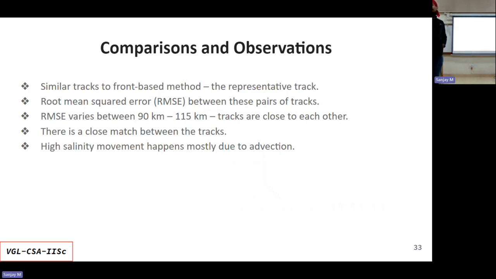So a 1 degree difference between two tracks, averaged over the whole track, is not a very large difference. This shows a strong correlation between the study done using advection and the studies we have done using just fronts. The general movement of salinity and the movement due to advection are very similar, which shows that the movement of salinity in the Bay of Bengal is happening mostly due to advection.